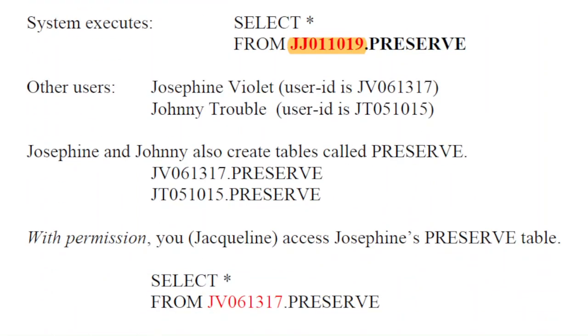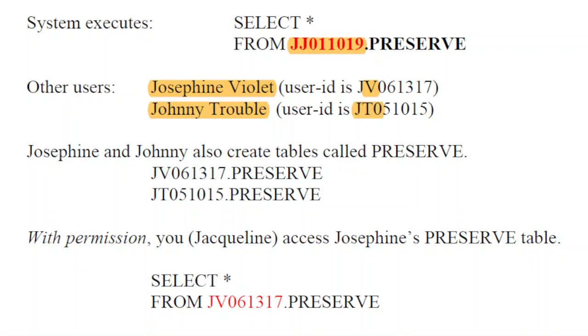Now there's some other users of this database, and these folks, Josephine Violet, have a user ID of JV followed by some numbers, and Johnny Trouble has JT followed by some numbers.